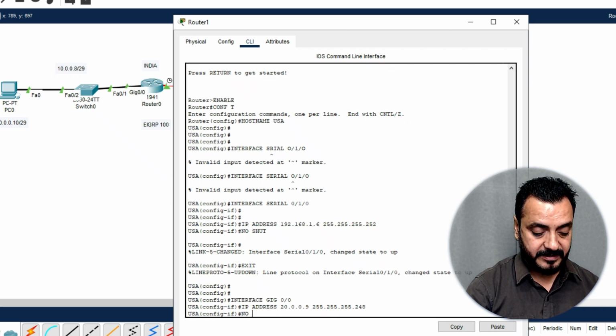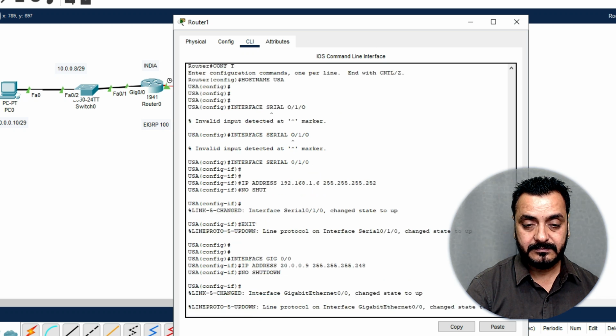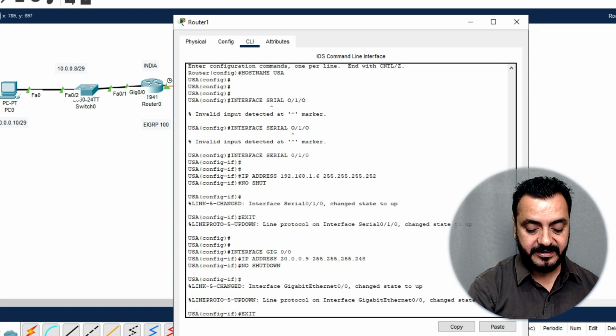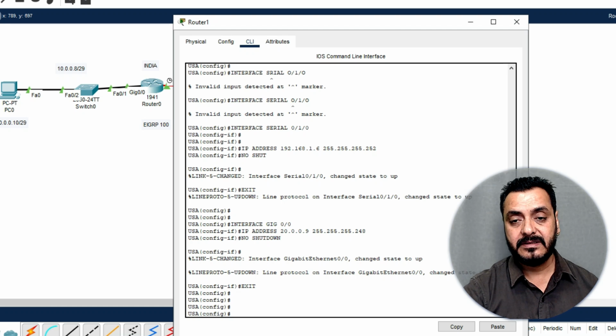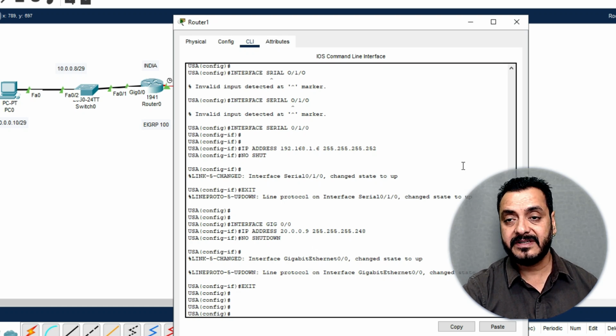Then enable the interface with the help of no shutdown command. Then exit the interface. That's it. It means we have configured the IP addresses onto the serial interface and gateway interface of the USA router. So we're done with IP addressing.